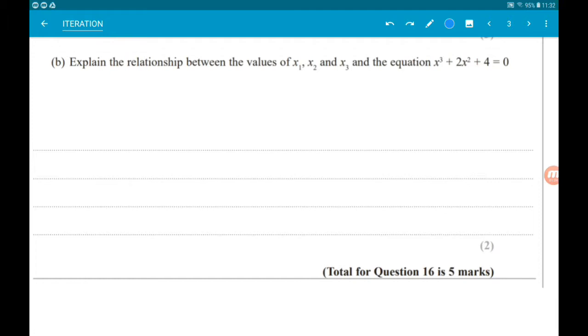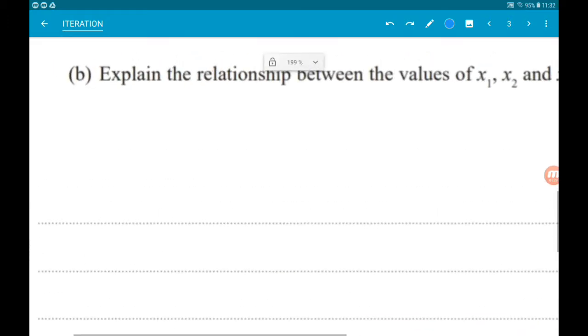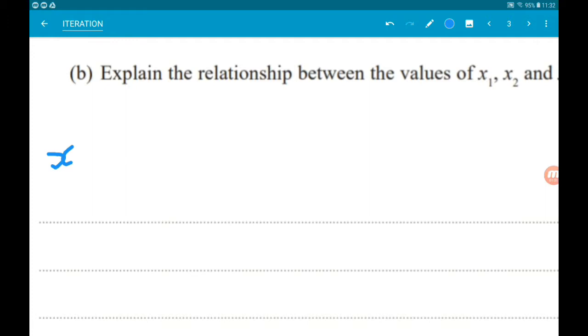So, if we start then with x cubed add 2x squared add 4 is equal to 0. We can, first of all, subtract 2x squared and subtract 4 from both sides.